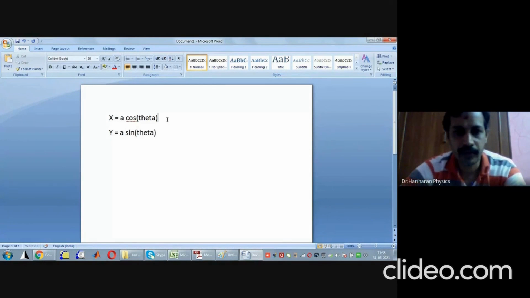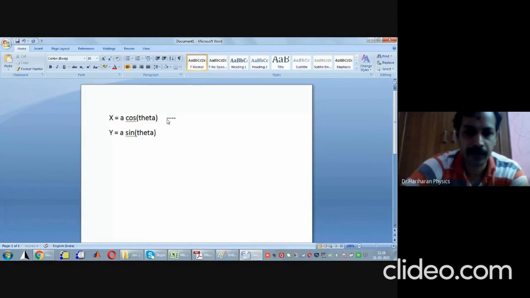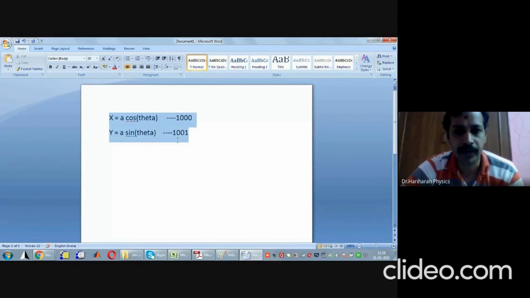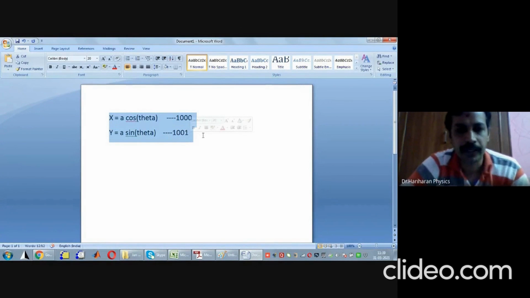Let me call these, for example, equation 1000 and equation 1001. Now look here. From this equation, what is cos theta? X by a. Now, if from these two equations I have to get an equation where you can eliminate theta, then all we have to do is make use of the trigonometric identity.